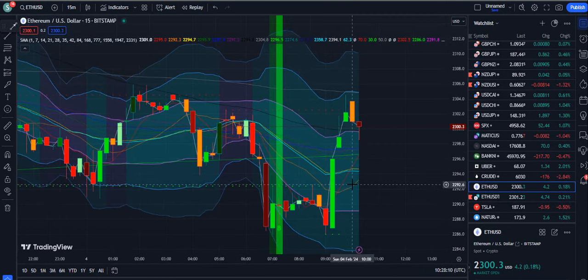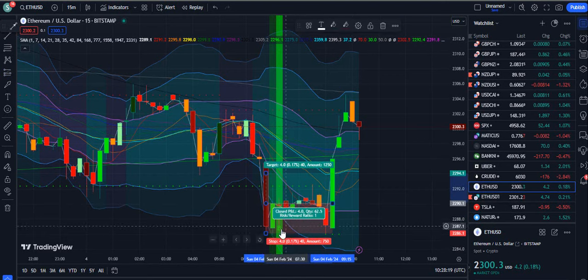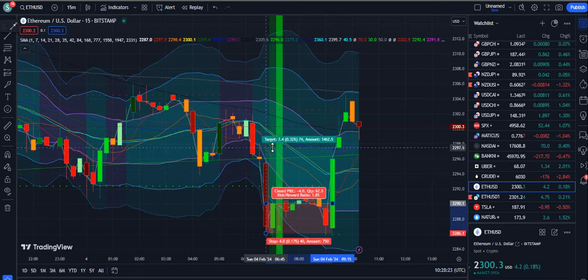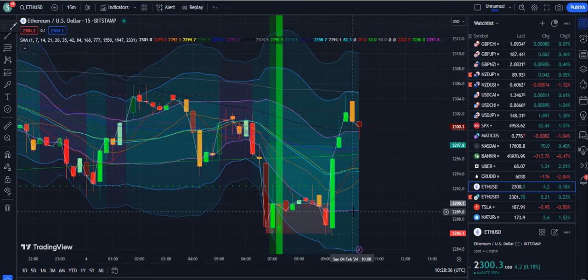So guys, what target can you set with this indicator? If you are going to take a long position right from here, you set the stop loss at the previous low of the market, and then, as you can see, there are moving averages in the middle. Try your best to take profit up to the moving averages, because either the market will break above the moving averages, or it can retrace down from that level.